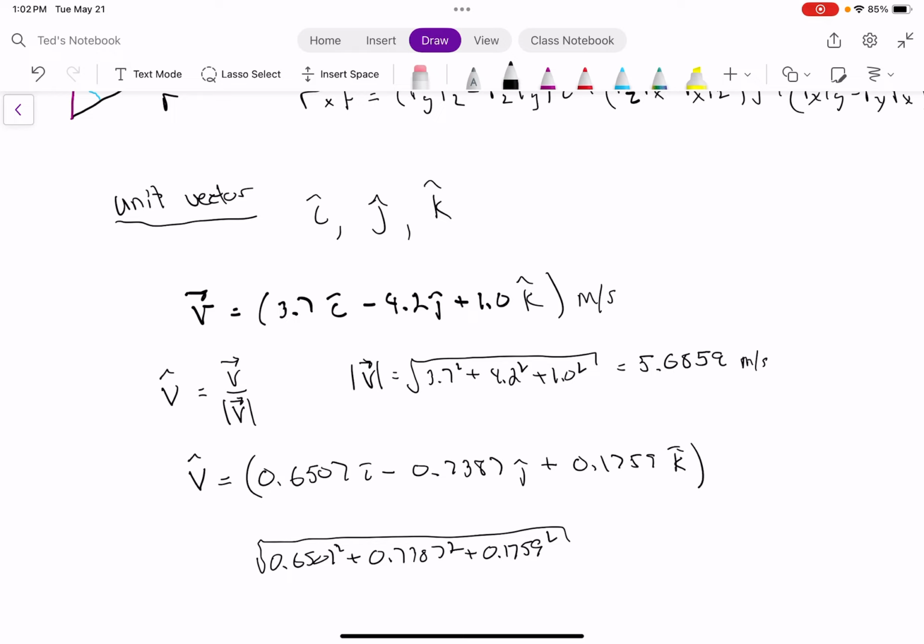Let me type that into my calculator. 0.6507 squared plus 0.7387 squared plus 0.1759 squared equals 1.0. All right, so we have created a unit vector which points in the same direction that v points.